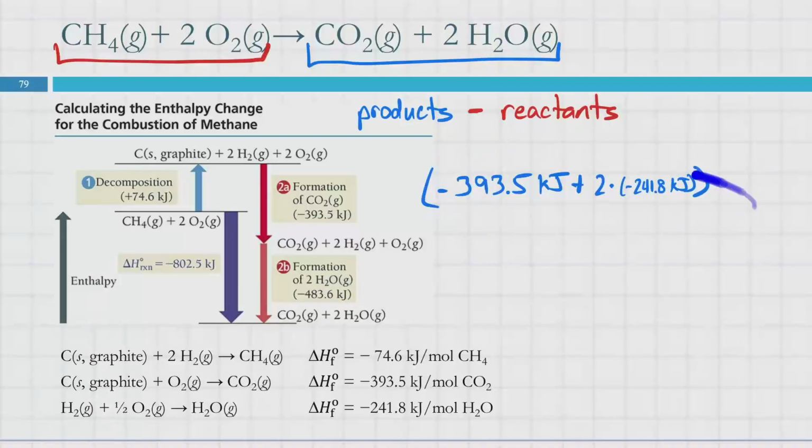This is our sum of our products. And then we're going to subtract from that our delta H for our methane, which is negative 74.6 kilojoules per mole.